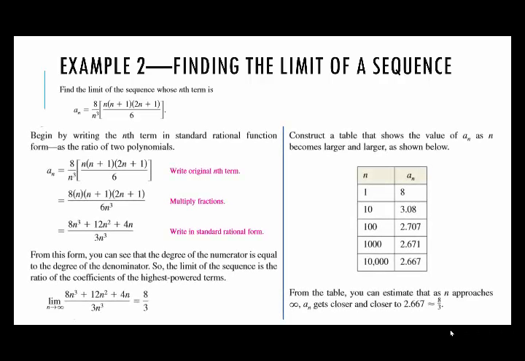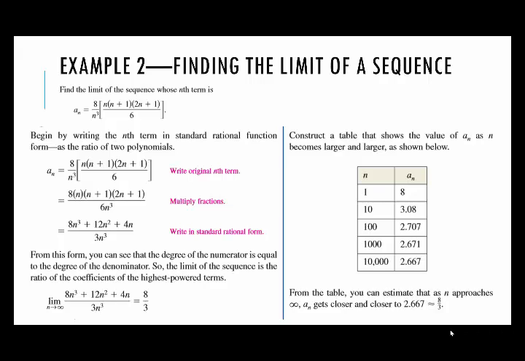We can begin by writing the nth term in a standard rational function form as the ratio of 2 polynomials. When I multiply all this through, I'm going to basically refoil all of this. I've got 8 times n plus 1 times 2n plus 1 and n cubed times 6.